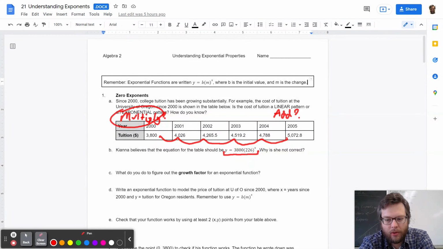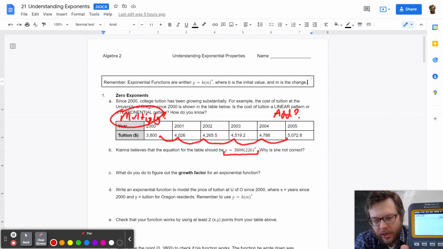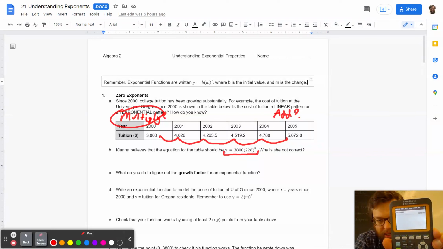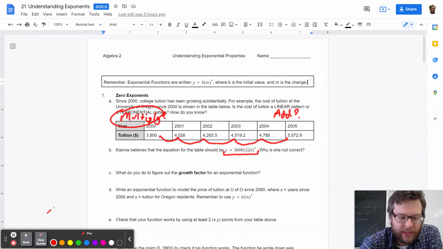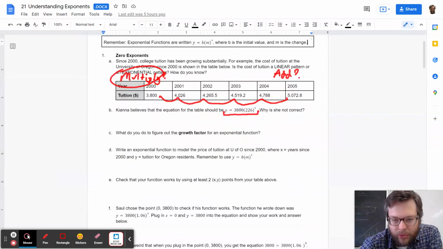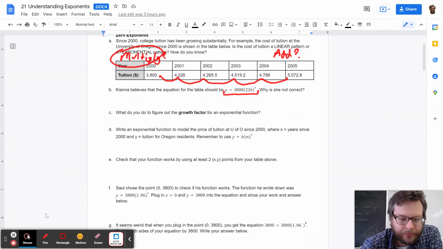If I multiply 3,800 times 226, I get a huge number right there. Kiana is not correct. That is not how much tuition costs the next year. You can write down that she thought of it as adding 226, but she wrote an equation that multiplies by 226.